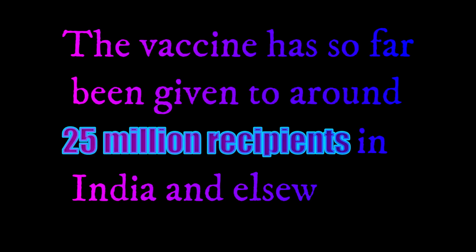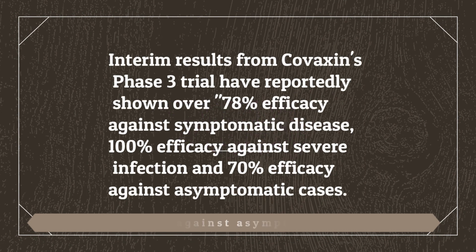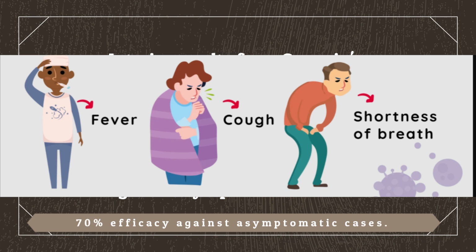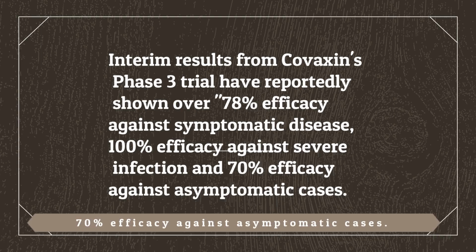The vaccine has so far been given to around 25 million recipients in India and elsewhere. Interim results from Covaxin's phase 3 trial reportedly show over 78% efficacy against symptomatic disease, 100% efficacy against severe infection, and 70% efficacy against asymptomatic cases.